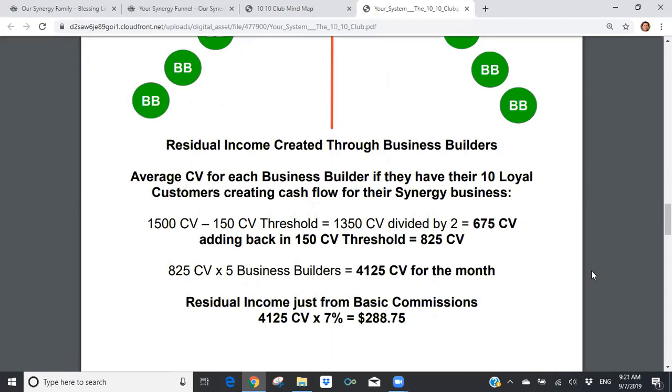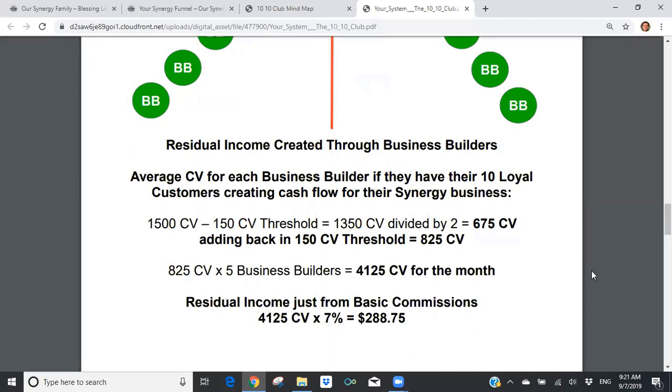Now, if I've got 5 business builders on my weak leg, and I've helped those 5 business builders understand this principle that customers create cash flow, that you can scale those customers to greater than 10 a month to create even more significant cash flow, and they're working to create their customer base on your weak leg, they're then adding CV.